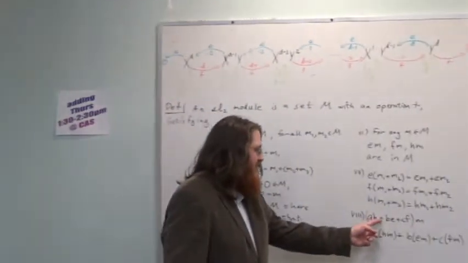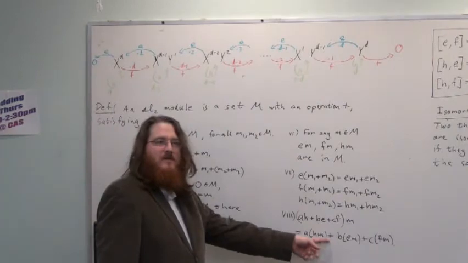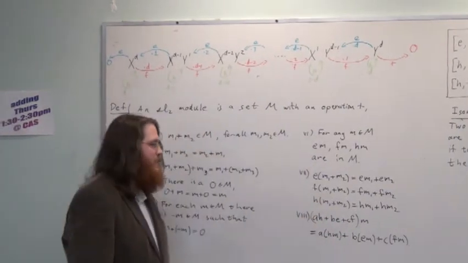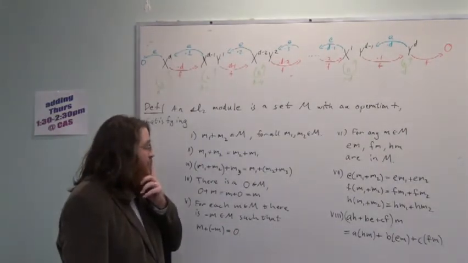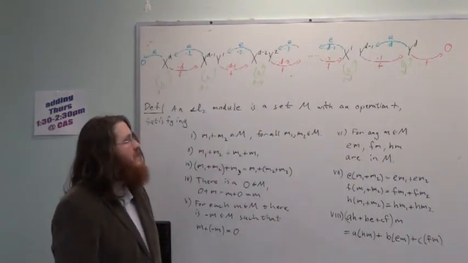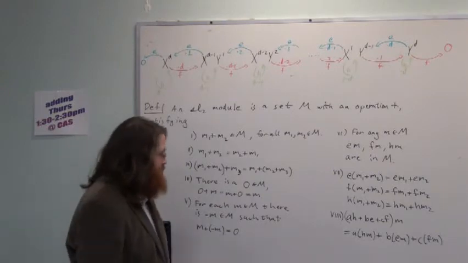And the addition here goes over to the addition again. It's the same. And lastly, we need to somehow say something about the bracket. Because it's really the bracket that makes SL2 what it is.